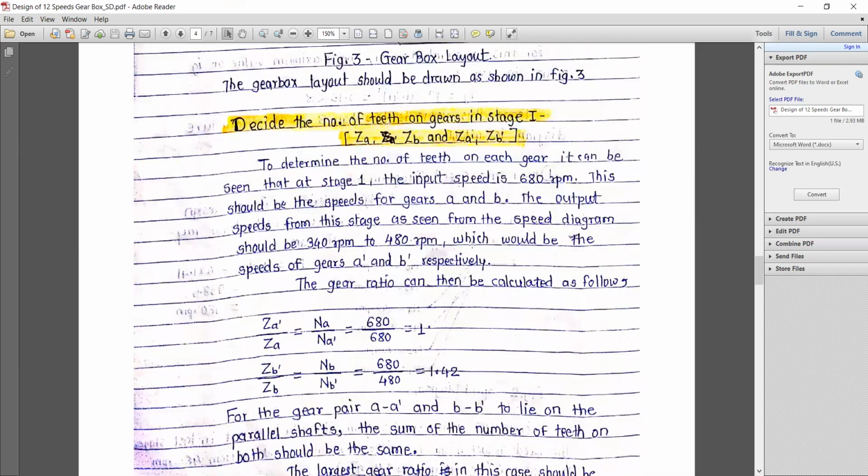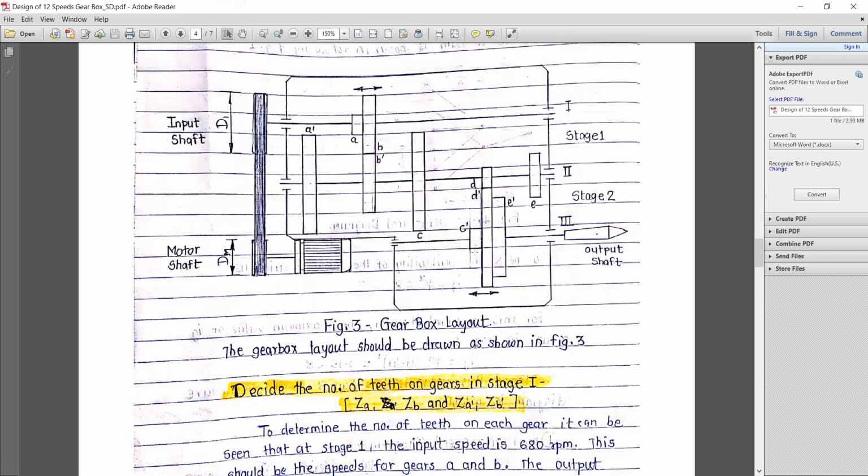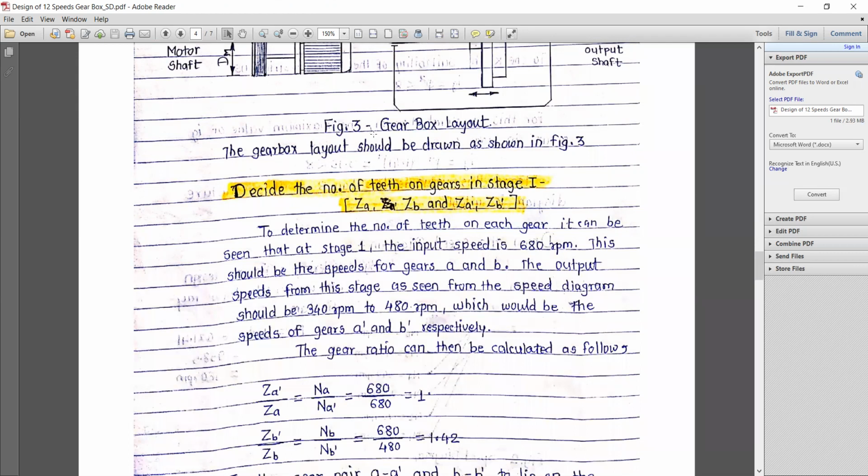Now decide the number of teeth on the gears in stage number 1. Observe this diagram properly because we are using the same annotation and the same transmission ratios for further calculation.